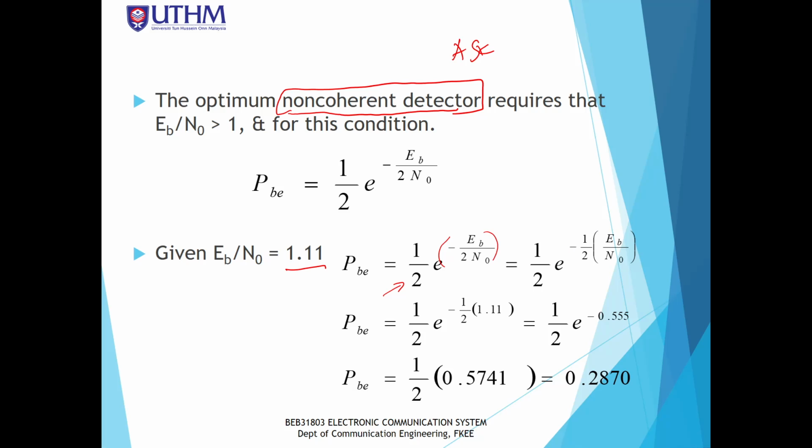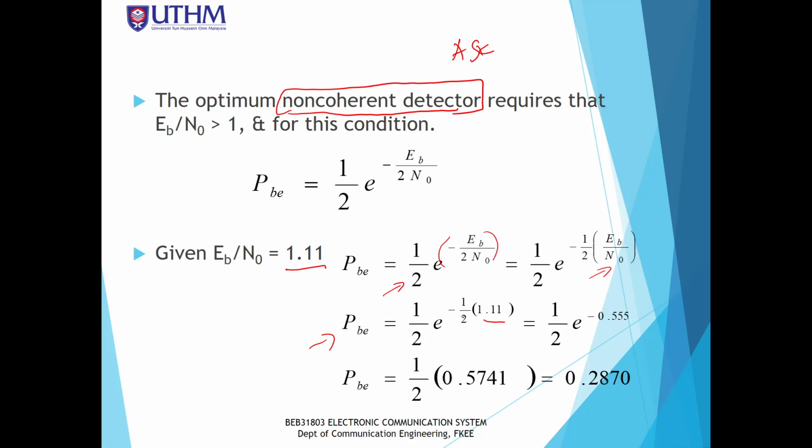The brackets make it easier to calculate. Here the probability of bit error equals e to the power of negative 1/2 times Eb over N0, 1.11.